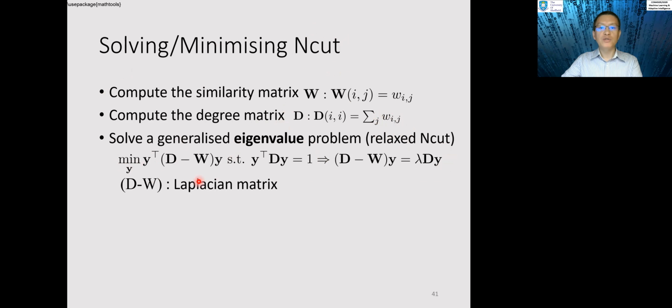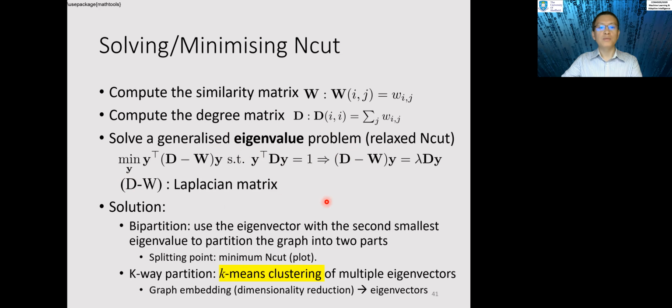If you are interested, you can go through the paper or other references to know how we formulate this generalized eigenvalue problem. Here, G minus W is called the Laplacian matrix. We can see the eigenvalue problem is again very important in clustering. By solving this generalized eigenvalue problem, we can obtain the clustering solution.